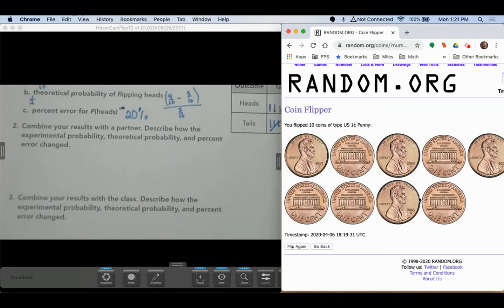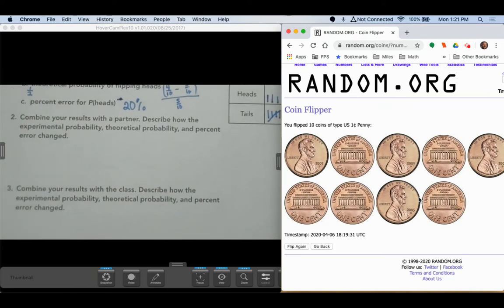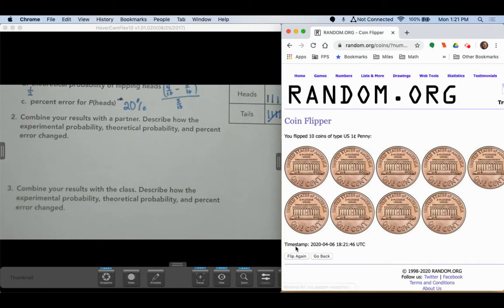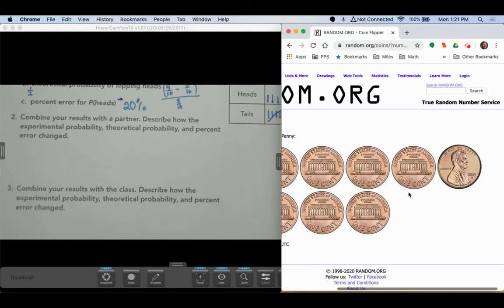Okay. Then it says combine your results with a partner. Describe how the experimental probability, theoretical probability, and percent error changed. So if I was doing this with a partner, then I would have another group of 10. Whoa.